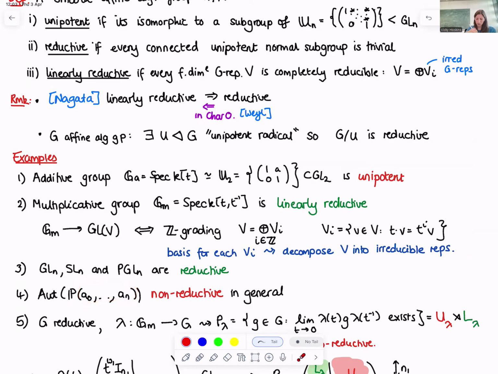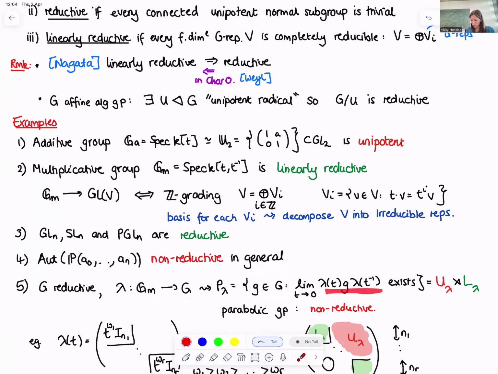And then another example, which is also interesting, is if you take a reductive group, then you can find inside it non-reductive groups, which are parabolic subgroups. So if you take a one-parameter subgroup, a non-trivial group homomorphism from the multiplicative group to G, then you can construct an associated parabolic group, which consists of the g in G such that when you conjugate g by this one-parameter subgroup and take the limit as t goes to 0, the limit exists.